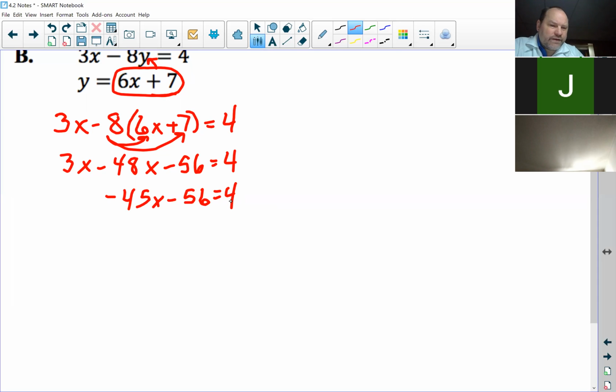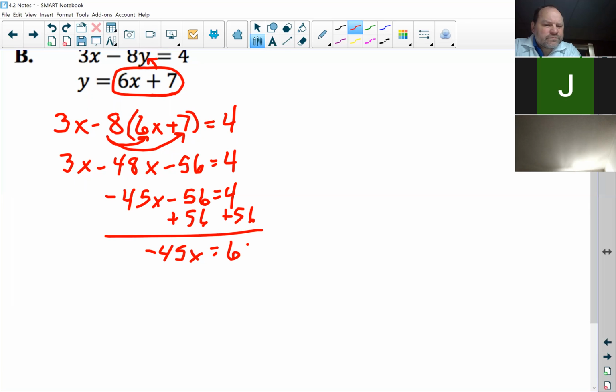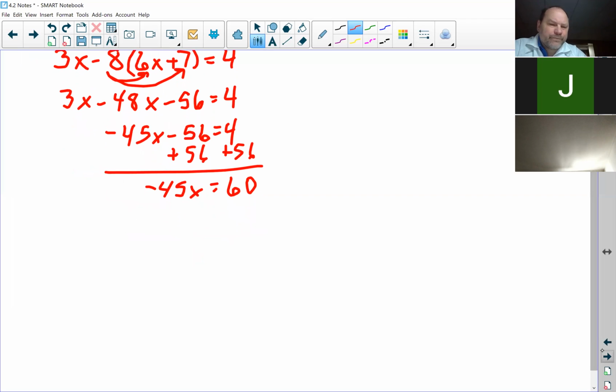Then I undo any subtraction or addition. So here I've got subtraction of 56. I'm going to add 56 to both sides. And then undo multiplication or division. So I'm multiplying by negative 45. To undo that, I divide by negative 45.